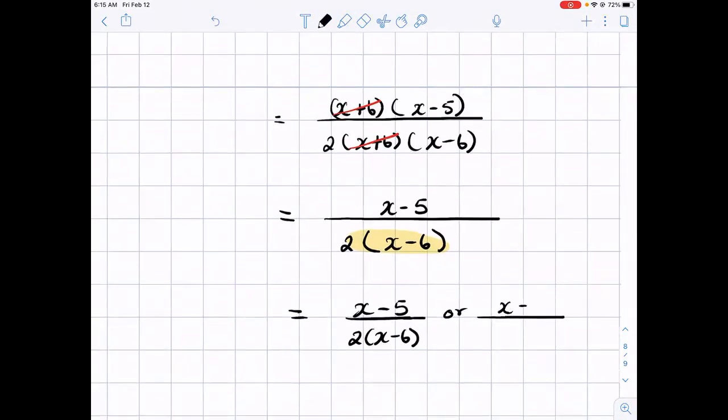Or you can write x minus 5 over 2x minus 12. Either one of these is correct. I think this is enough, but it all depends on who is your professor or your teacher and who is looking for what specific answer, if any.